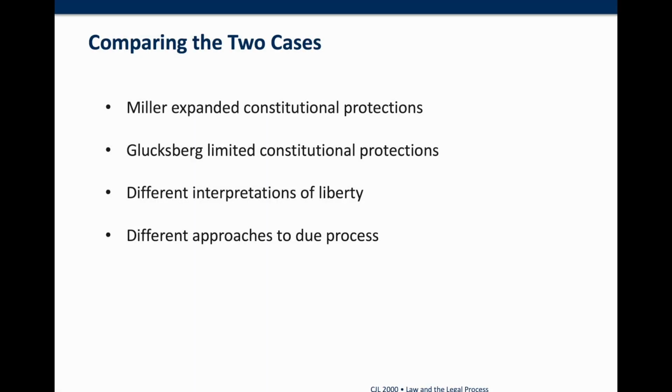So once again, these two cases create quite the interesting contrast when you compare them to one another. In Miller, the court expanded constitutional protections by emphasizing the evolving standards, how we view juveniles when comparing them to adults, and the possibility that juveniles have for rehabilitation later in life. And when we look at Glucksberg, the court is really just rejecting this overall expansion and emphasizing that historical tradition and judicial restraint should come first.